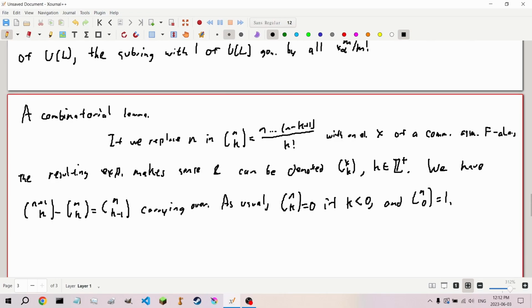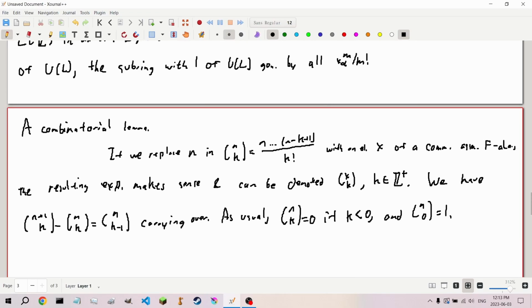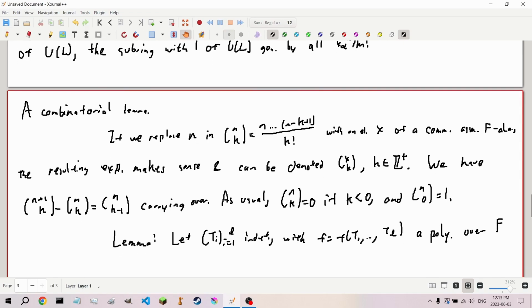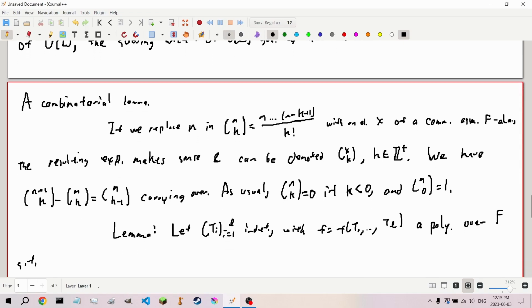This brings us to our lemma. We have l indeterminates t, with f being f of t1 through tl, a polynomial over our field such that f of n1 through nl is an integer when n1 through nl are integers.